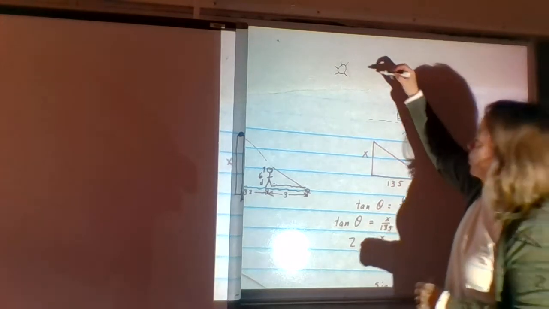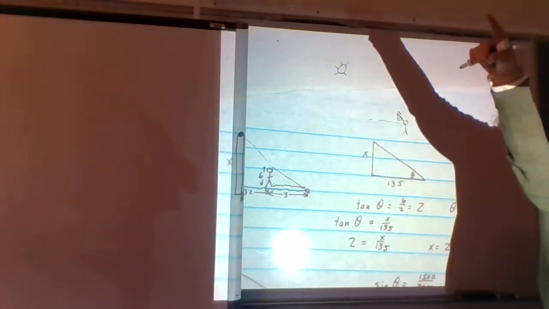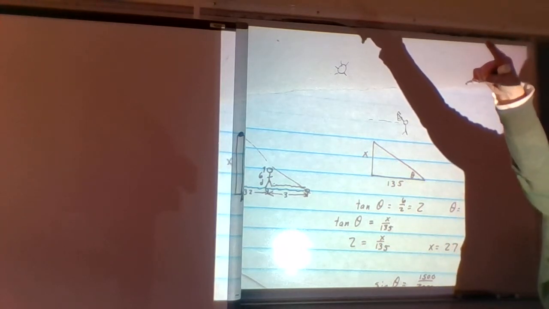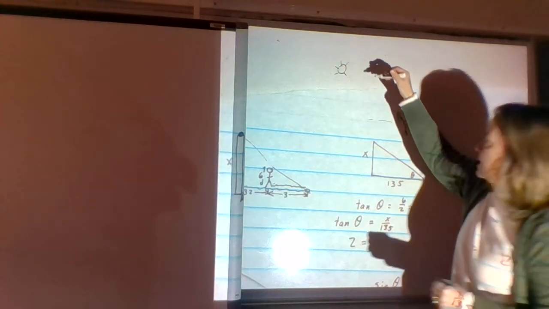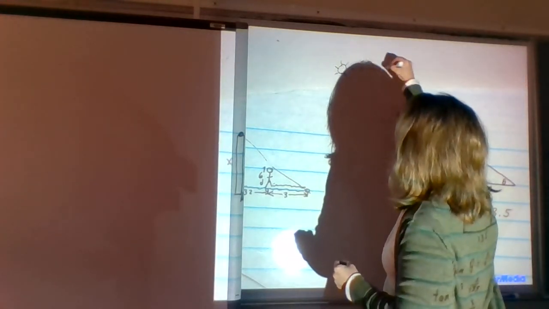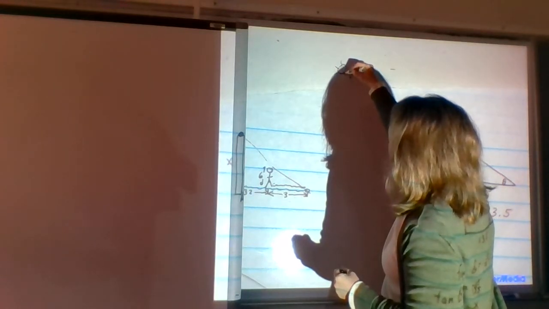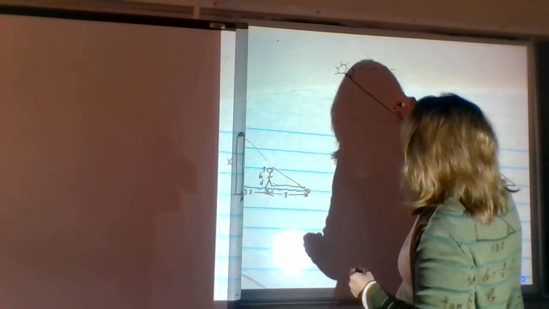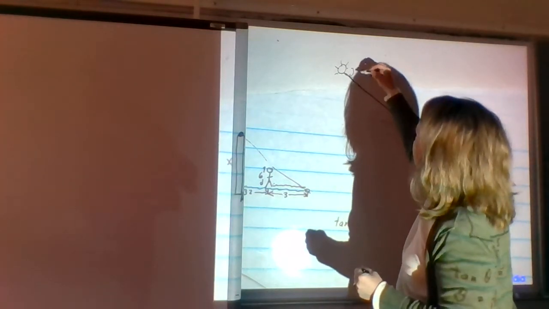Okay, angle of depression, this would be instead of maybe the sun, maybe it's a light that you have in a theater classroom, and you're going to take it and move it down. Let's pretend that.